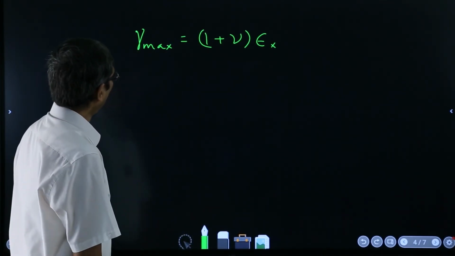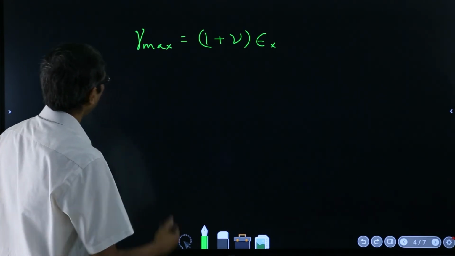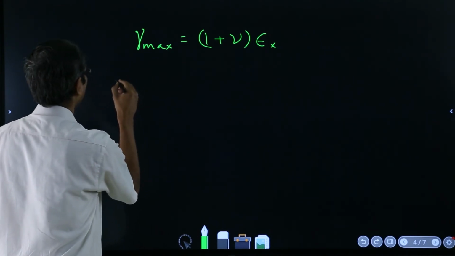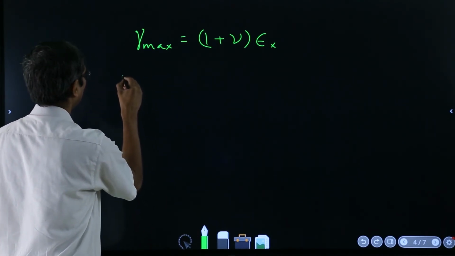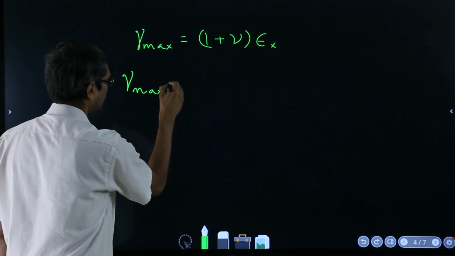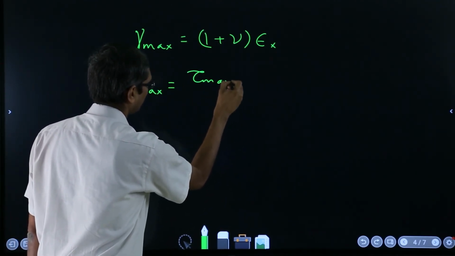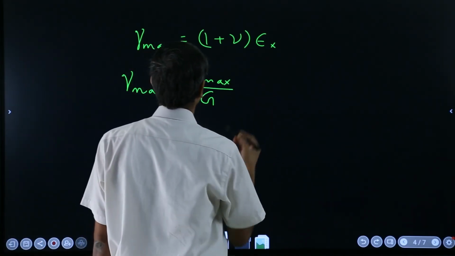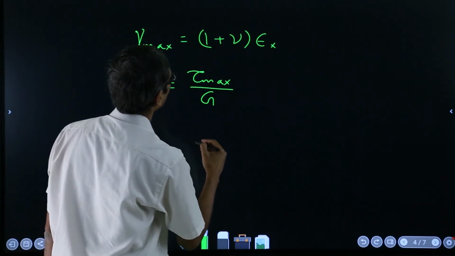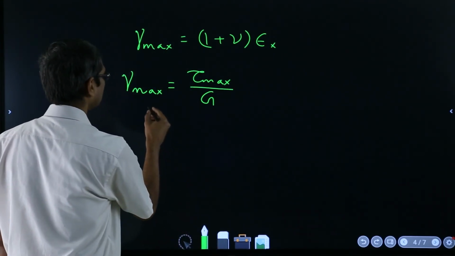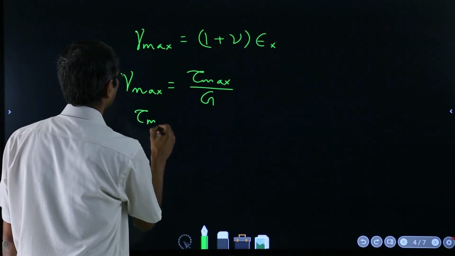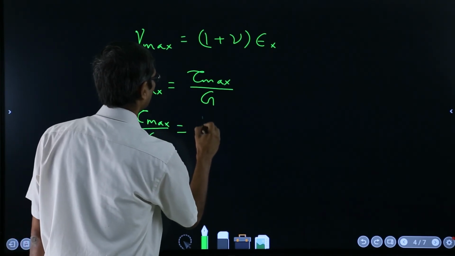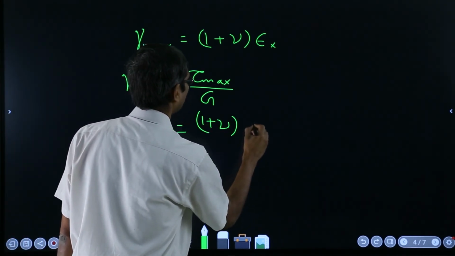But then, gamma max I can write as what? If I relate gamma max to tau max with respect to G, and substitute that here, what I'll get is tau max over G is (1 plus nu) times epsilon x.